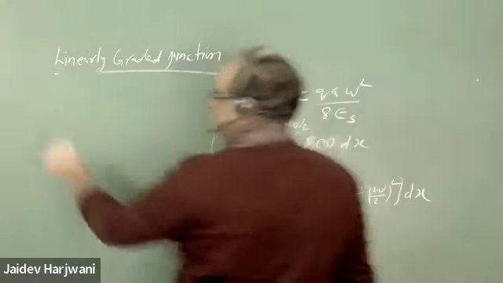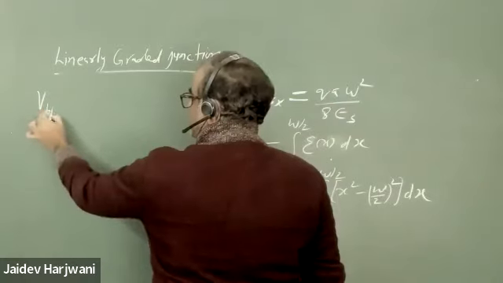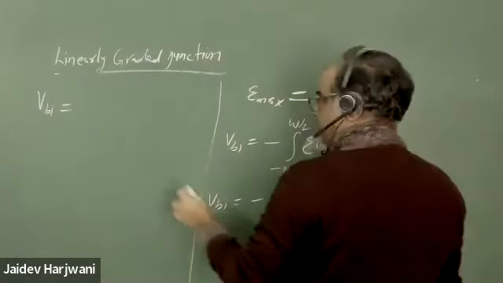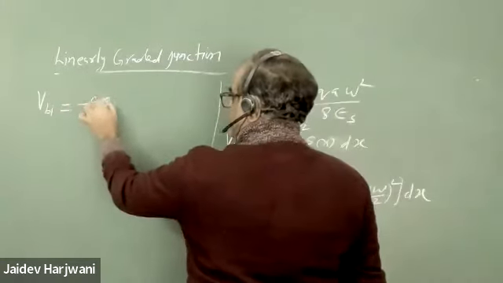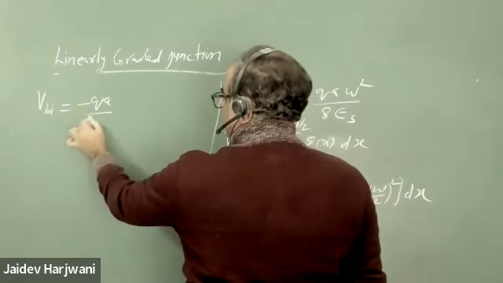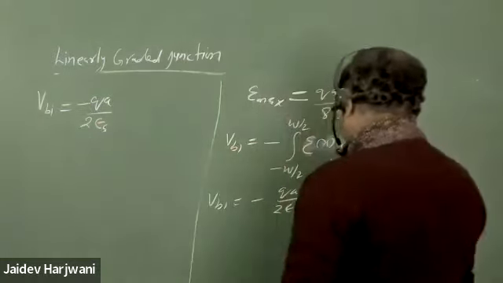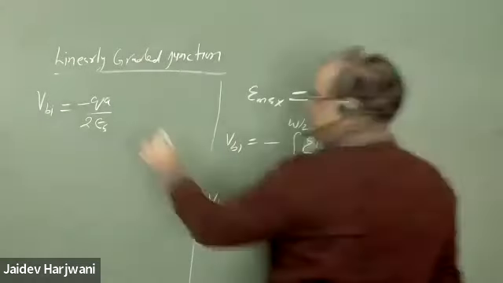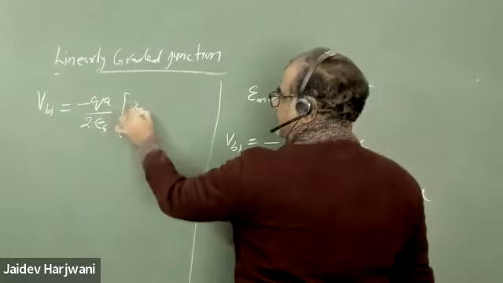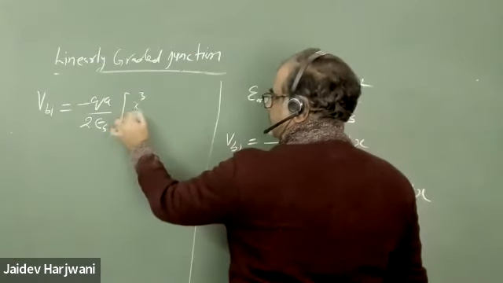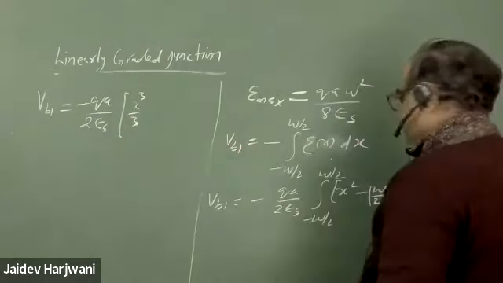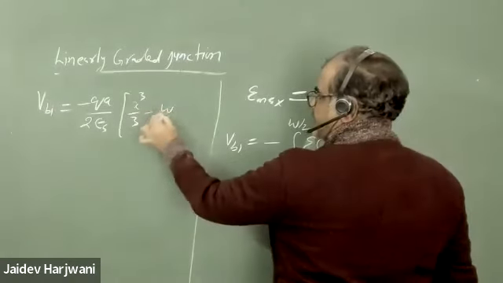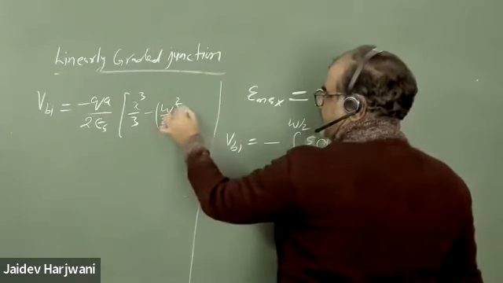So you can write your V_BI as minus q a upon 2 epsilon_s. Now integrate this one. When we integrate, what do you get? I get x cube by 3, and if I integrate the other term, I get W by 2 square x.